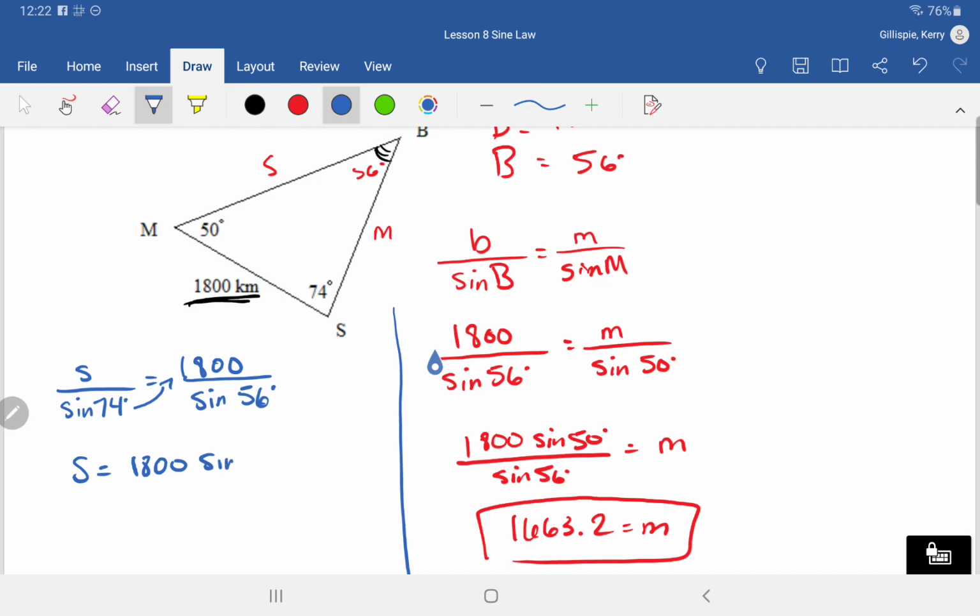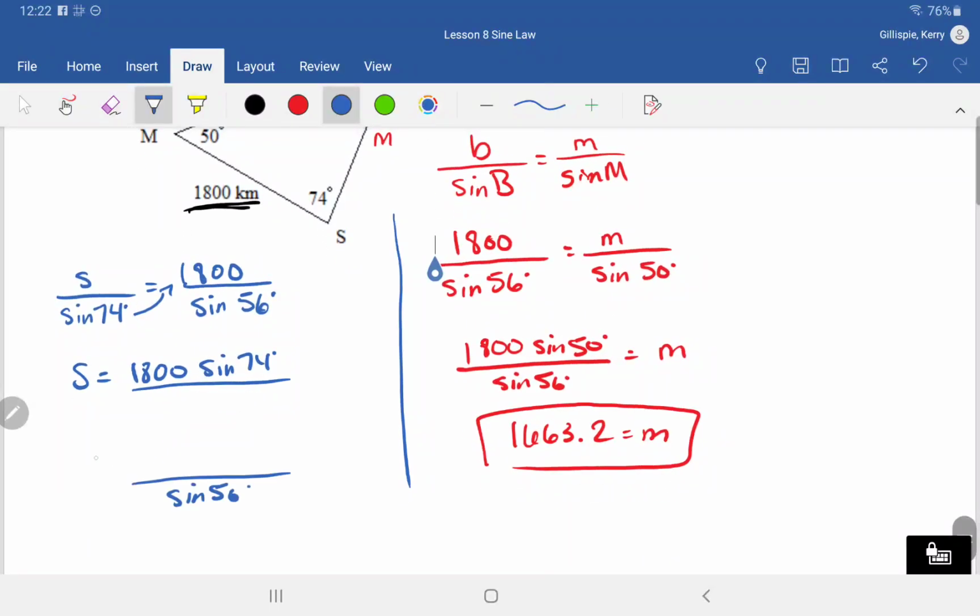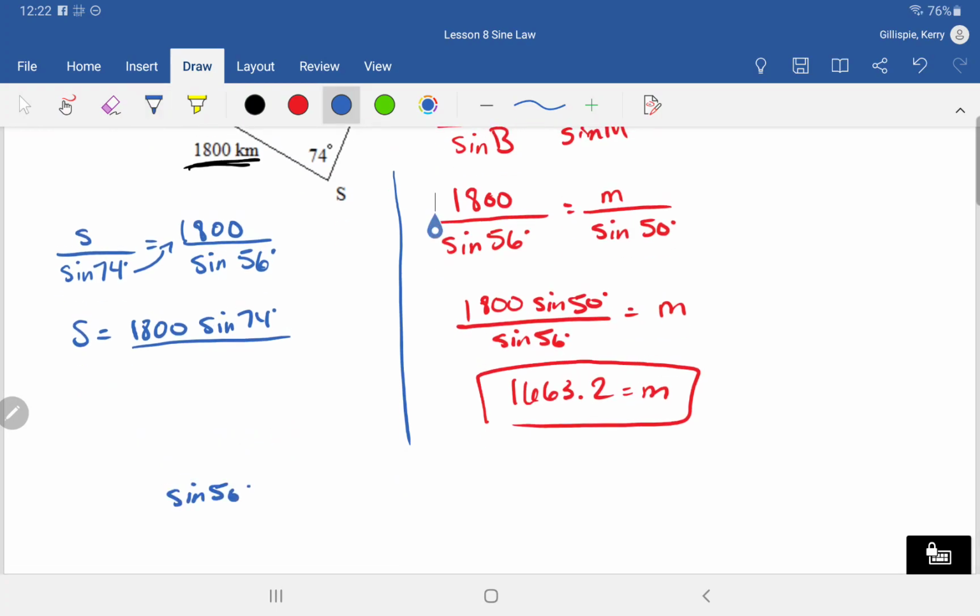So 1,800 times the sine of 74 divided by the sine of 56 becomes 2,087.1.